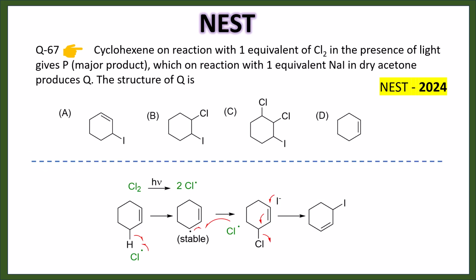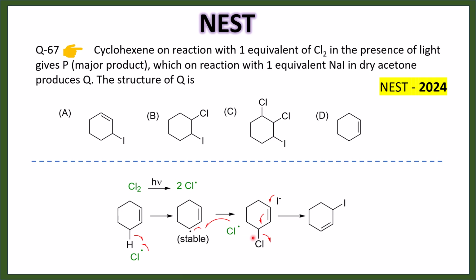Now question number 67. Cyclohexene on reaction with one equivalent of Cl2 in the presence of light gives P as the major product, which on reaction with one equivalent of NaI in dry acetone produces Q. The structure of Q is, let's do that here: in the presence of light, the chlorine radical is formed that abstracts the proton from this cyclohexene, the allylic position proton, and this is stable as stabilization through the double bond happens, conjugation, and then chlorination happens.